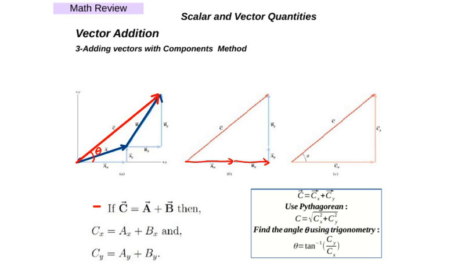What we do with the component method is we find the x component of A, x component of B, and add them. Careful here though, we add them as vectors. Sometimes they're not in the same direction. They're in the same direction here, we're good.